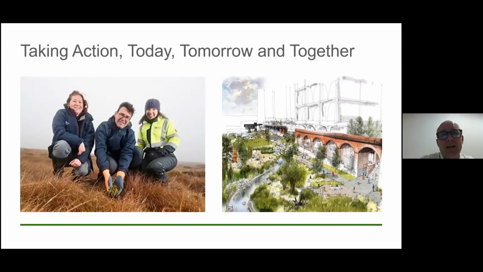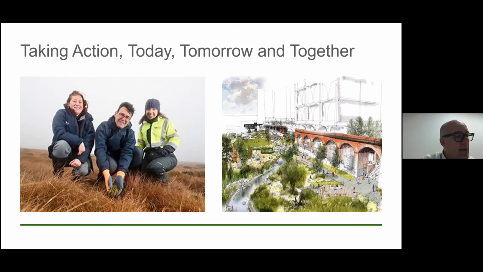And that's a really important fund that, on the back of COVID, will help to provide improved and new green spaces in the areas that need them most. I think we've seen through COVID, particularly in terms of inequalities, where people haven't got access to green space that really do need it the most, and therefore the Green Spaces Fund will help to address that.